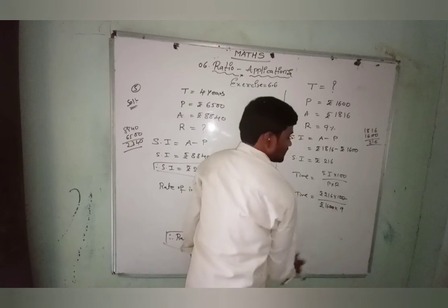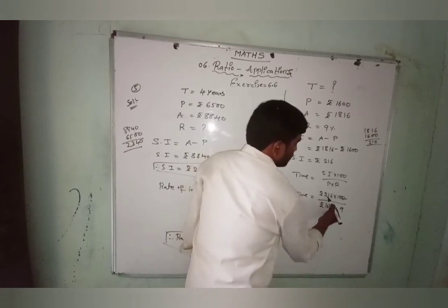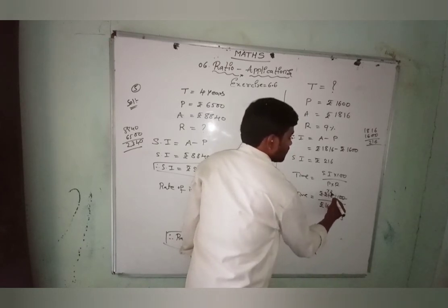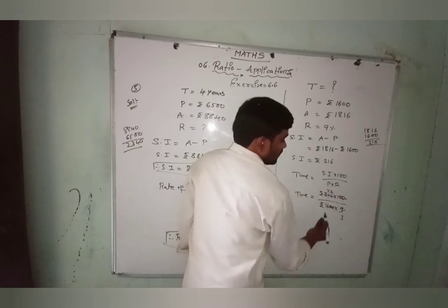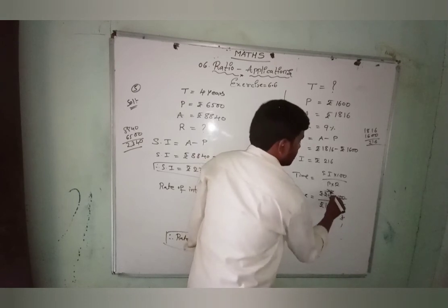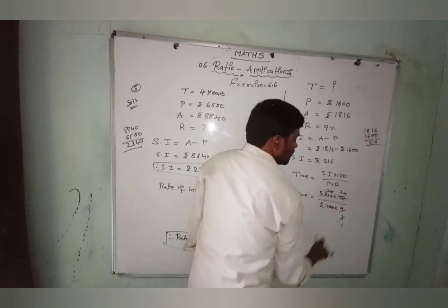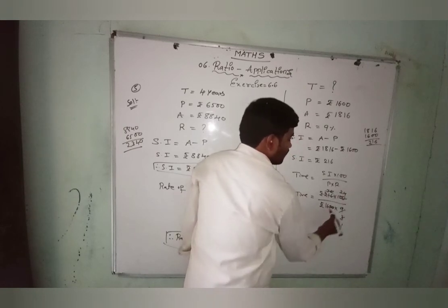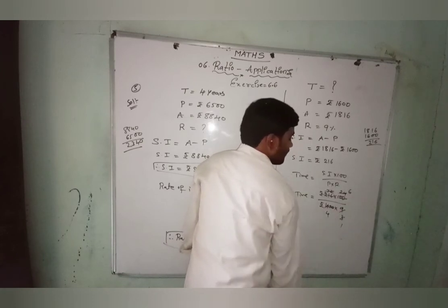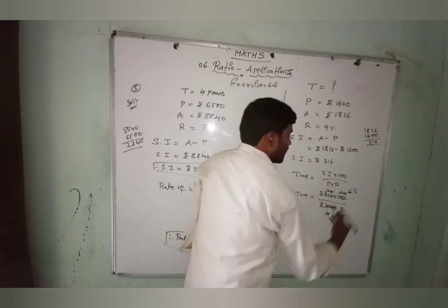2 zeros cancel. Now 3 3s are 9, 3 7s are 21, 3 2s are 6. Again 3 1s are 3, 3 2s are 6, 1 left, 12, 3 4s are 12, then 24 by 16, 4 6s are 24, 4 4s are 16, 2 2s are 4, 2 3s are 6.